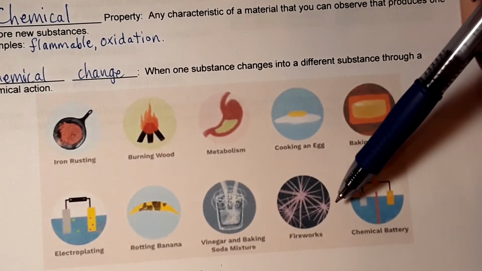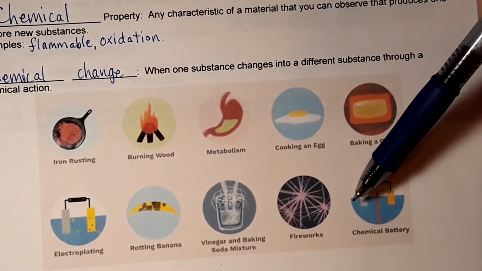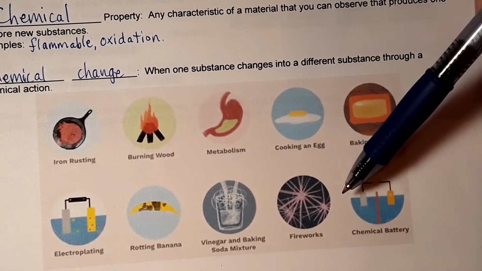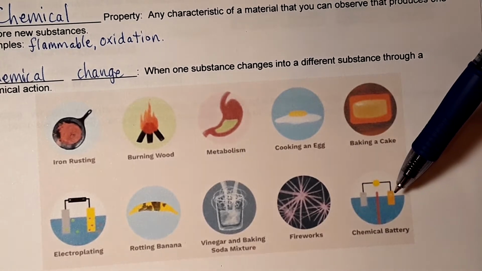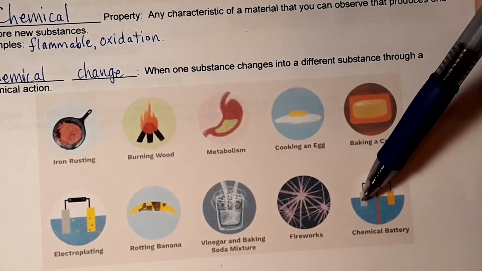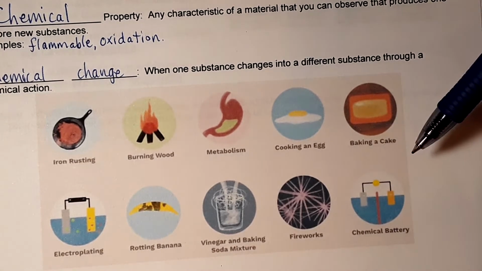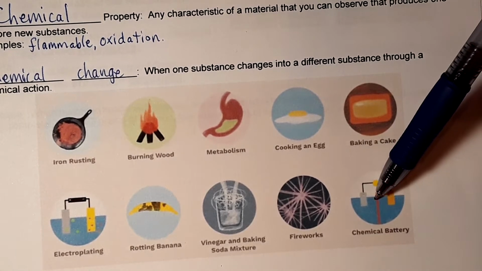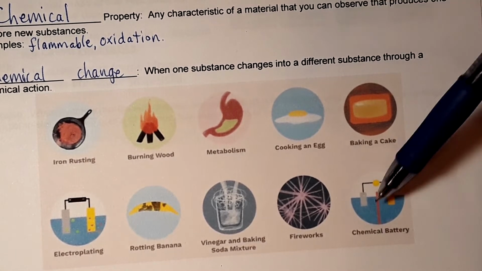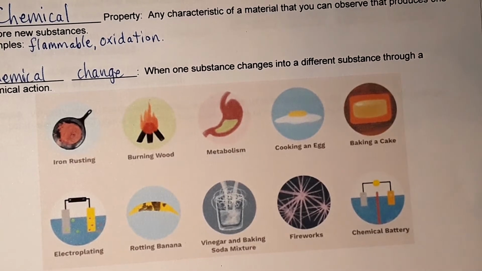The chemical components in the fireworks burn up and emit light and sound, which is kind of cool. A chemical battery: the chemicals react and produce an electric current. Okay, so you're changing the form of the chemicals inside when they combine.